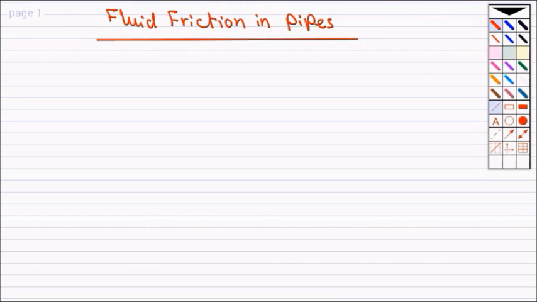Today we will talk on fluid friction in pipes. So the question is, what is the origin of friction loss? Fluid consists of molecules, and these molecules are connected to each other by intermolecular forces.